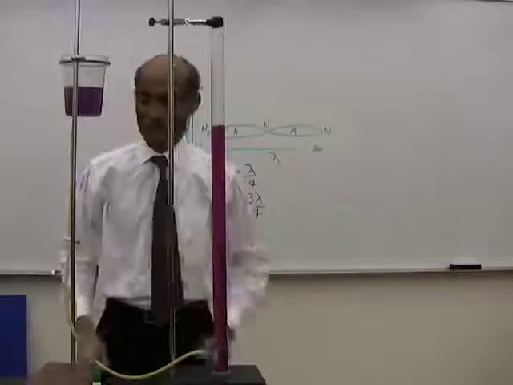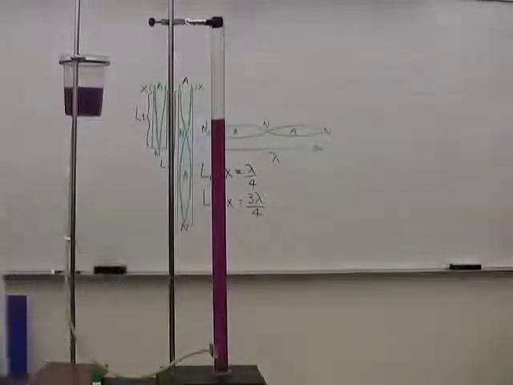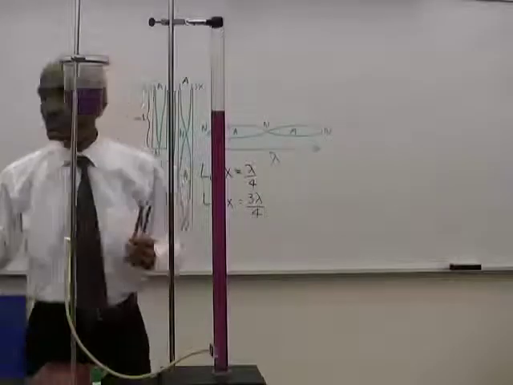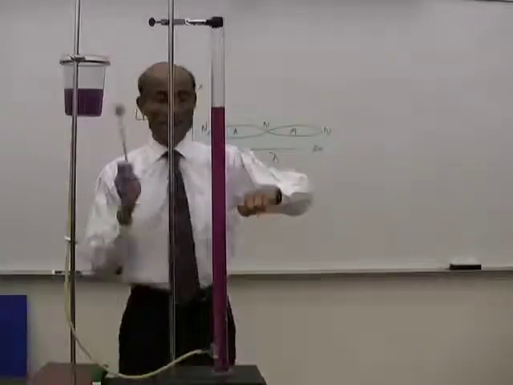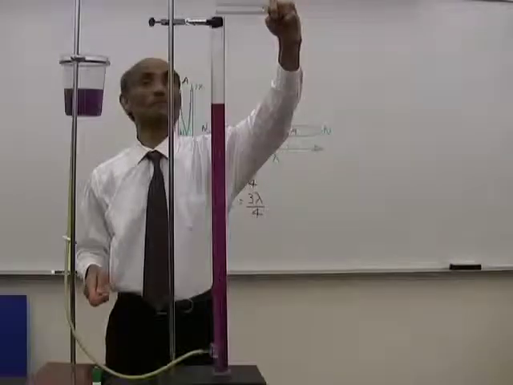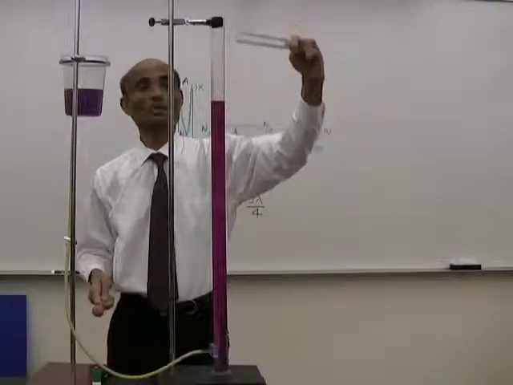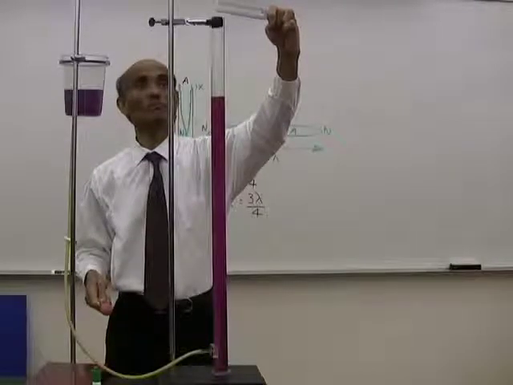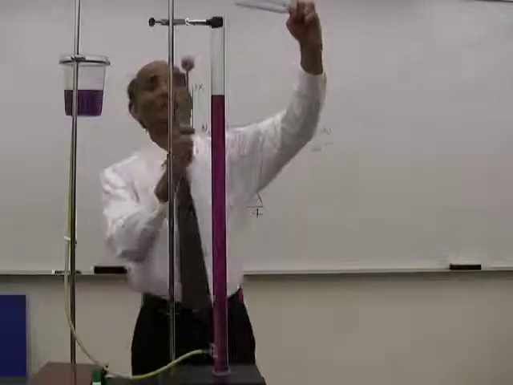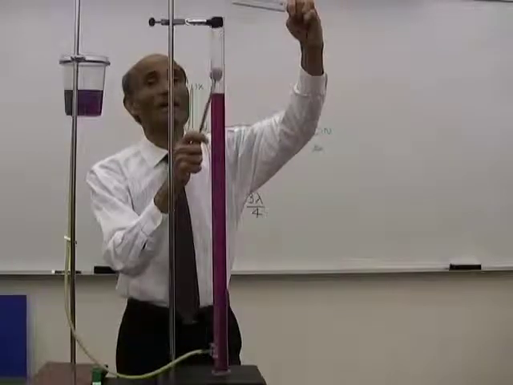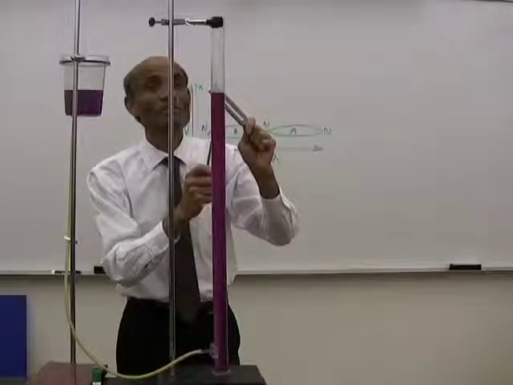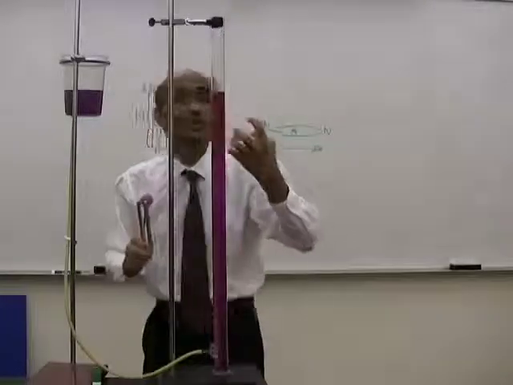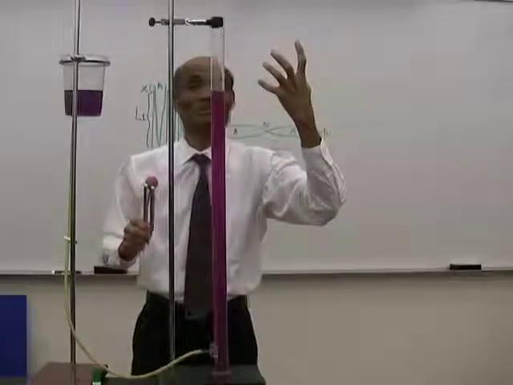So in the experiment, what I will do is I will vibrate a tuning fork and keep it at the mouth of this tube. You may not be able to see it, but I will keep it at the mouth of the tube, and if the frequency of the air is equal to the frequency of the tuning fork, then you will hear a loud sound.